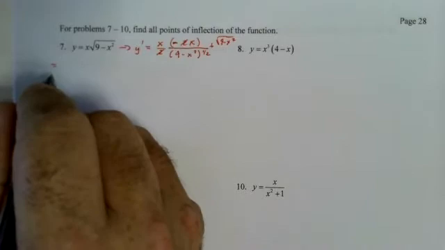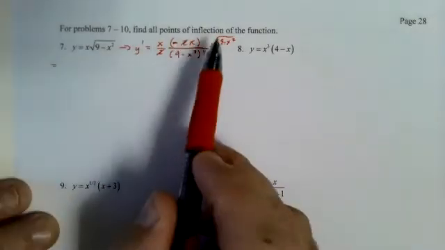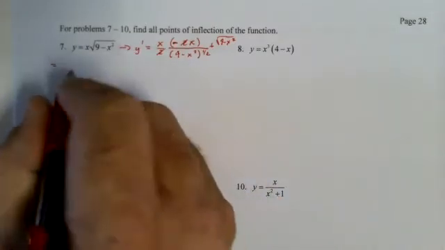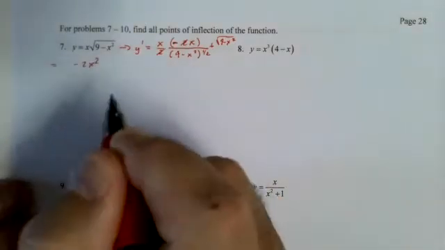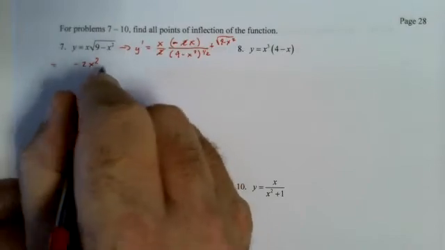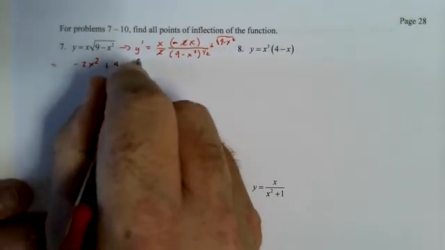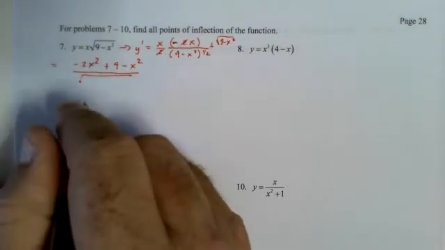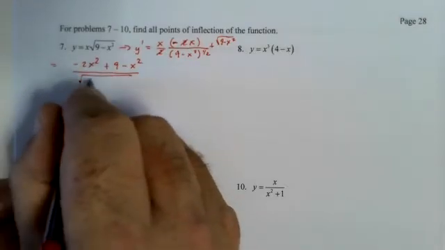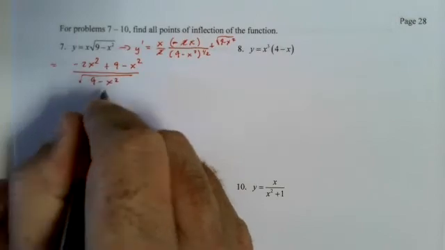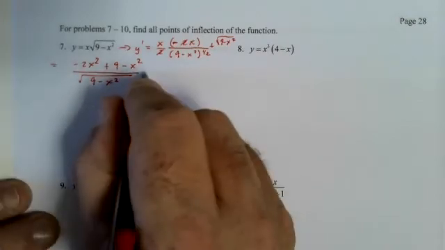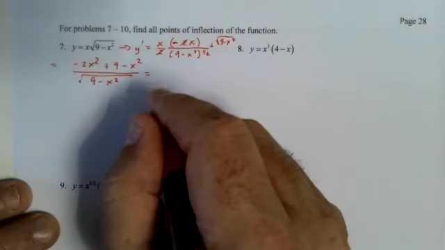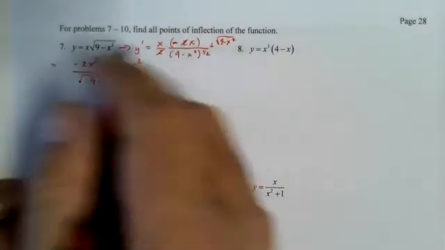That equals, multiply this by root 9 minus x squared over root 9 minus x squared. Negative 2x squared plus 9 minus x squared, all over the square root of 9 minus x squared, equals... I don't know why I have a 2 here, my mistake.